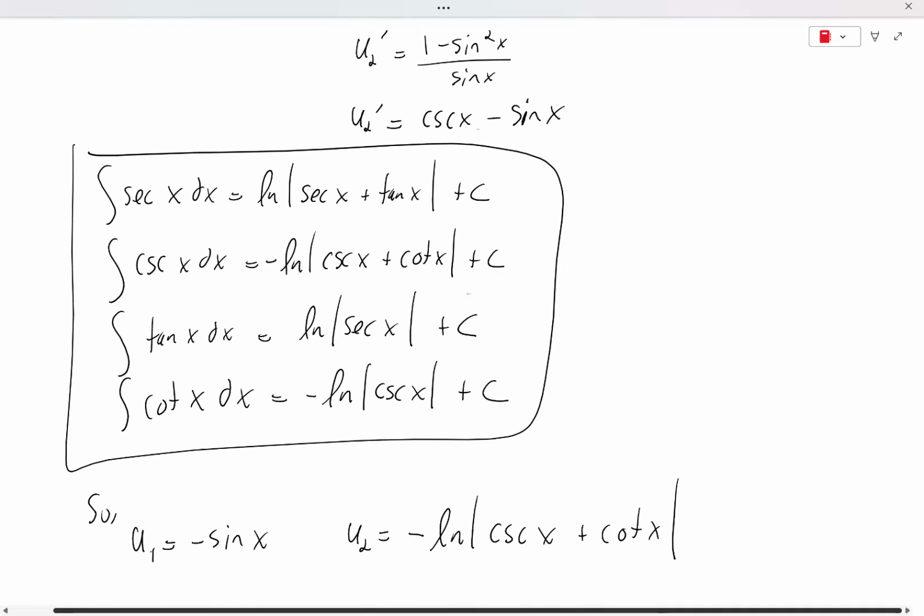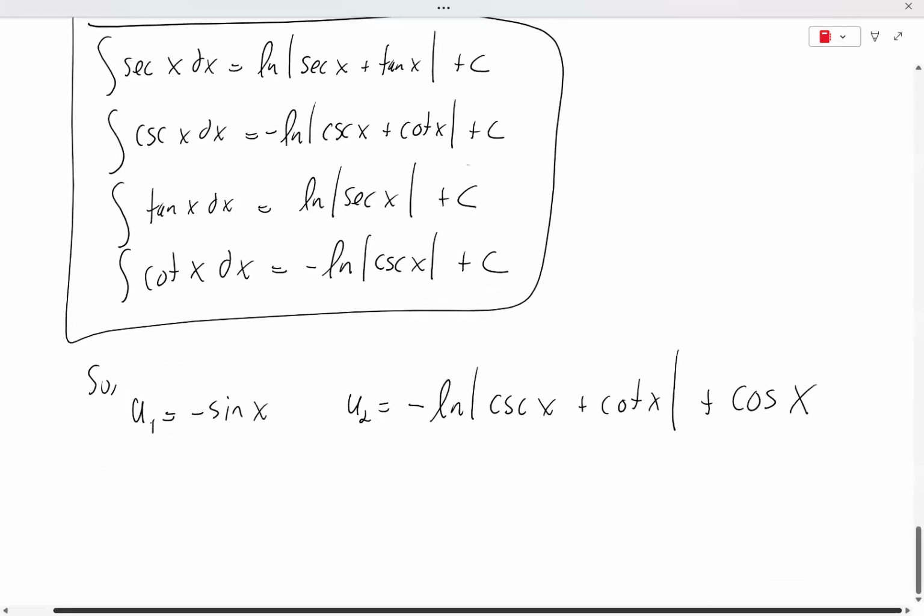And we don't need the plus c on here. And then the negative sign, that would be positive cosine, so plus cosine x here, like that. Anything there so far on that?